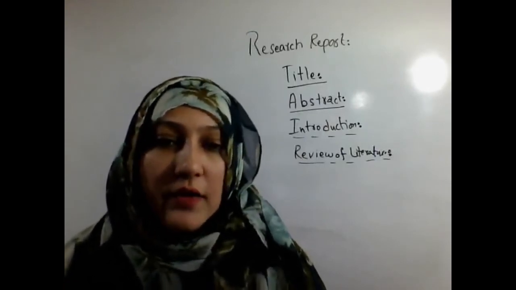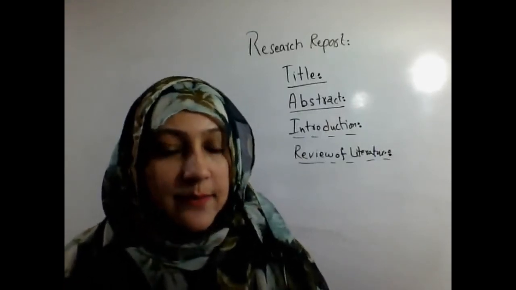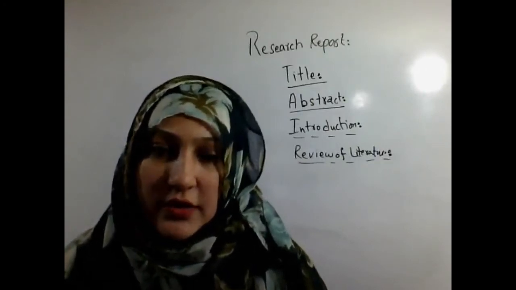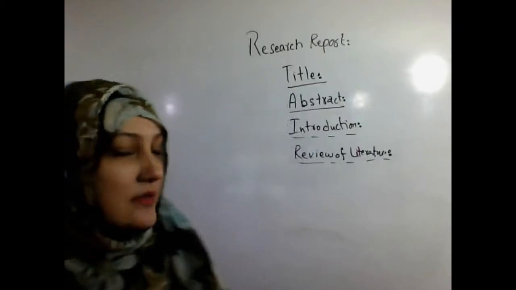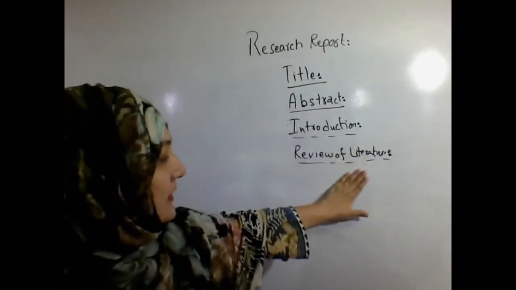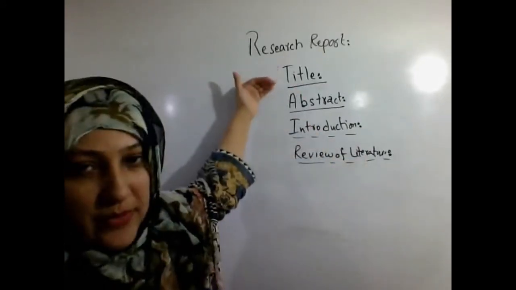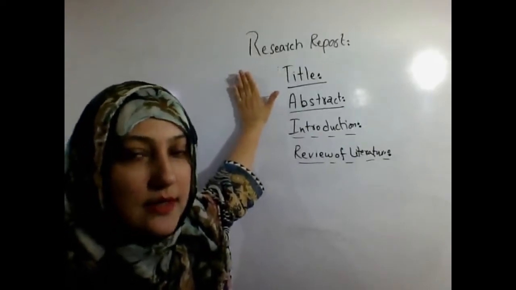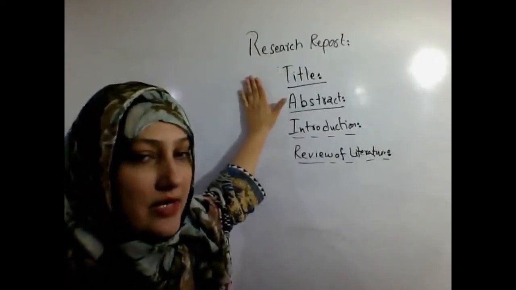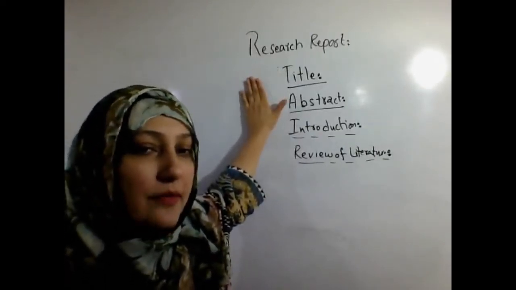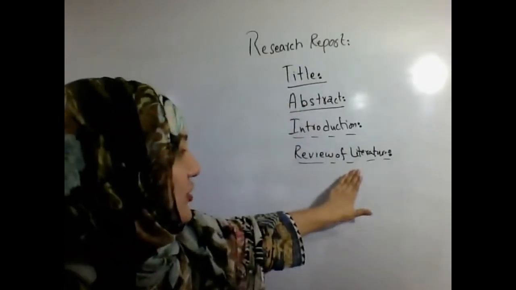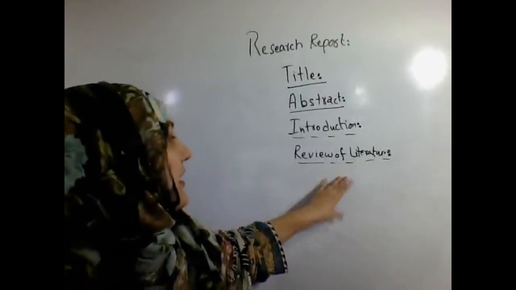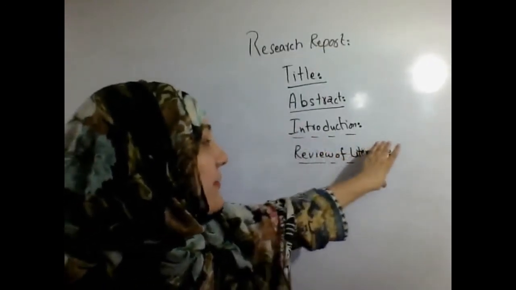If you have 20, 30 literature articles, you have to write the review of those articles about your specific topic on which you write your report. You must explain all your literature survey in your review of literature in a comprehensive way.